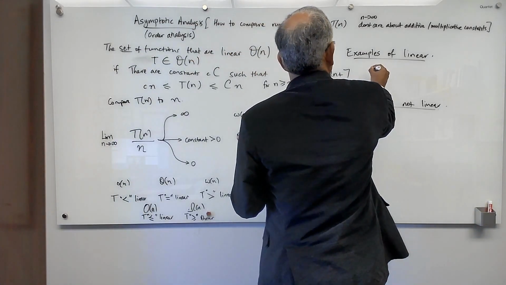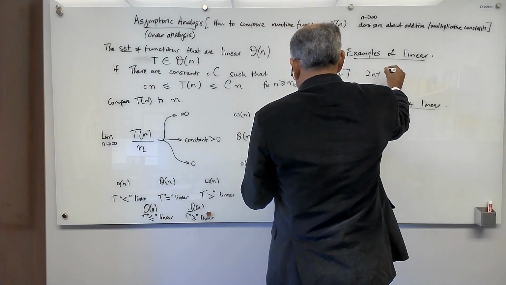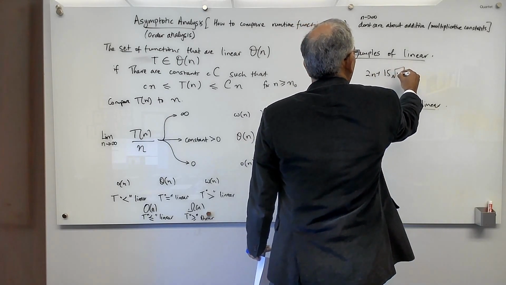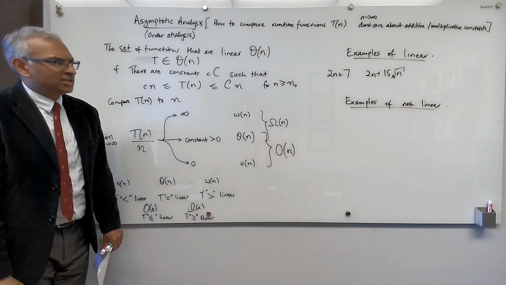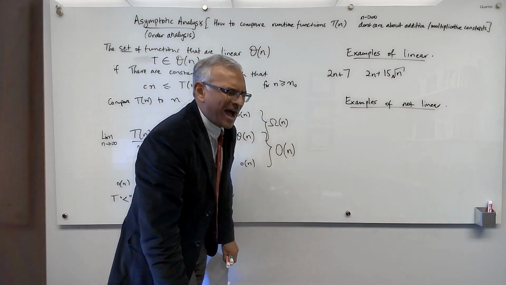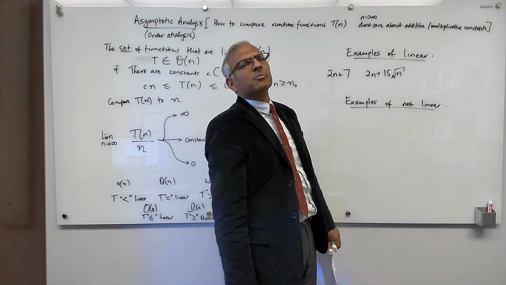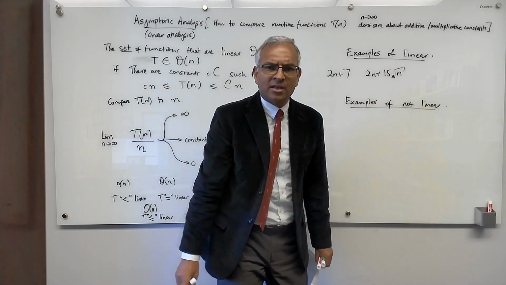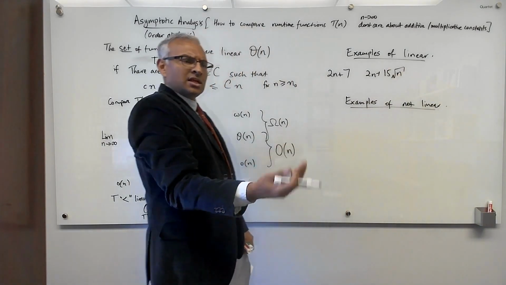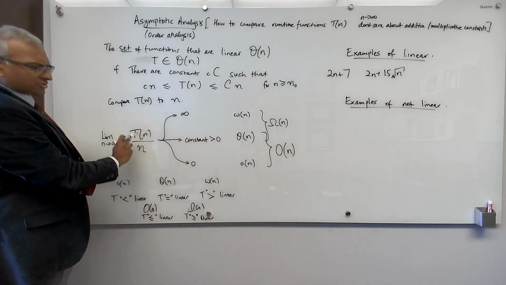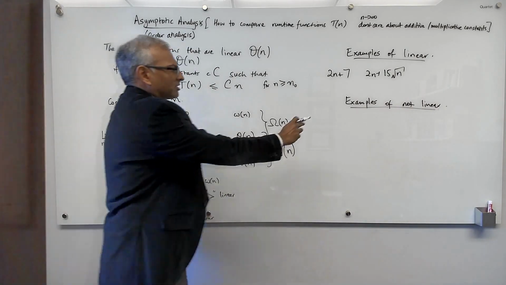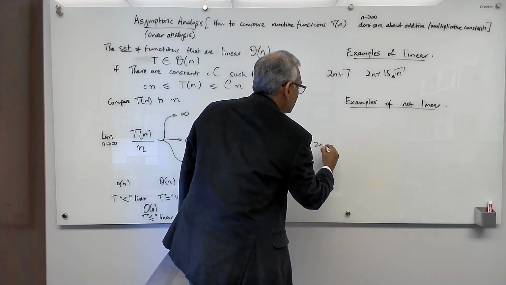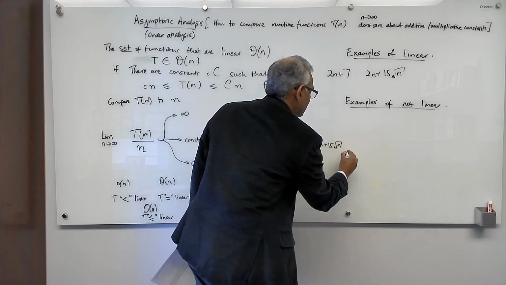But now here's an interesting one. 2n plus 15 square root of n. I say that that's an example of linear, and you look at that and you say, wow, I've never seen anything more nonlinear than the square root of n. So how can you call that linear? That's where we have to come back to this definition, this limiting ratio. So let's look at the limit as n goes to infinity of 2n plus 15 square root of n divided by n.